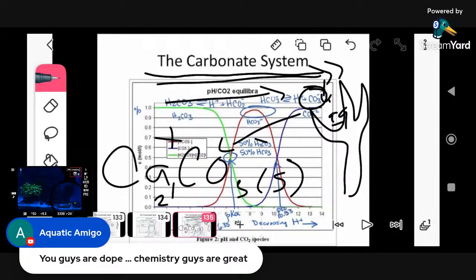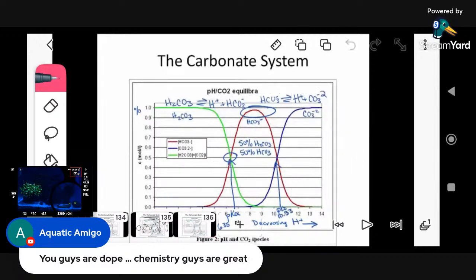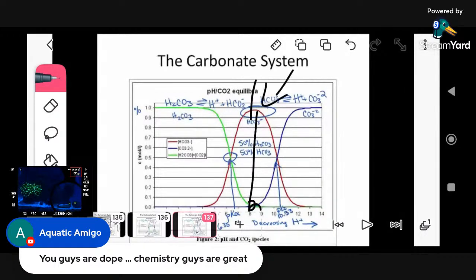But remember, when your pH goes too high, you're going to kill your stuff. Right here is your cutoff point when you start really killing things. Why? Because if you look at natural seawater, your corals utilize bicarbonate and carbonate a lot better in the water than they would at a higher or lower pH.